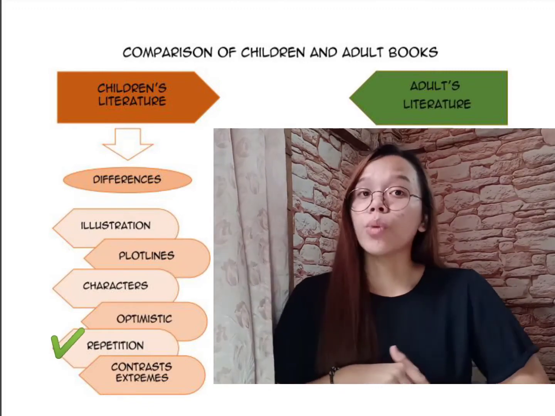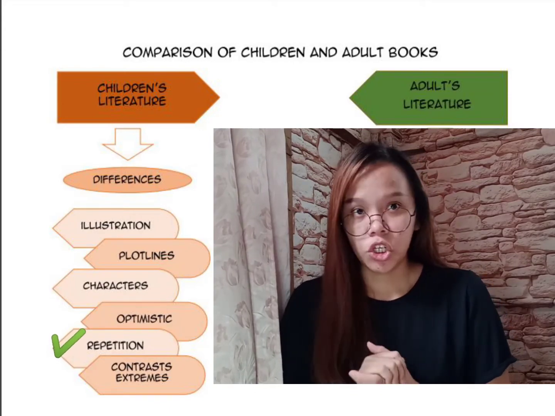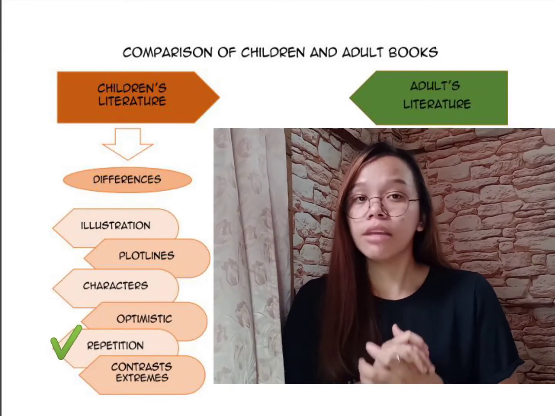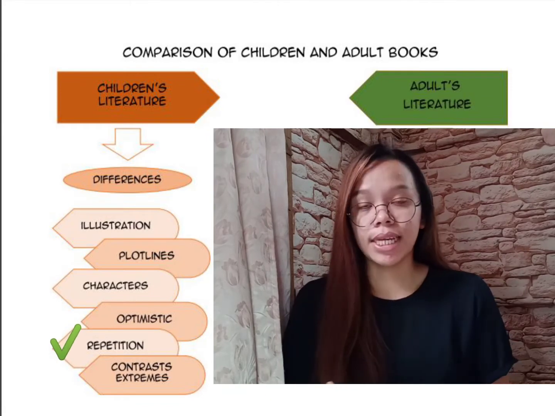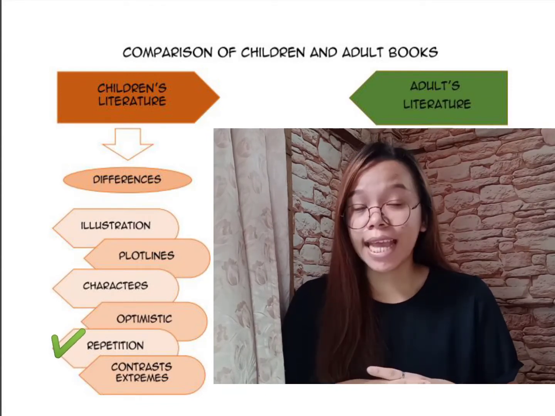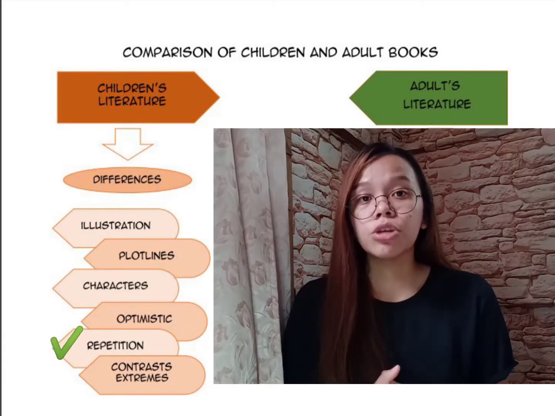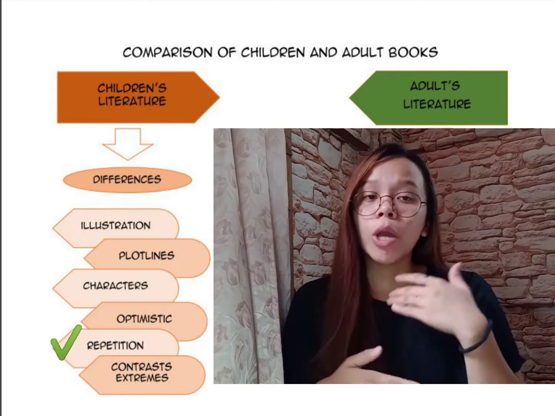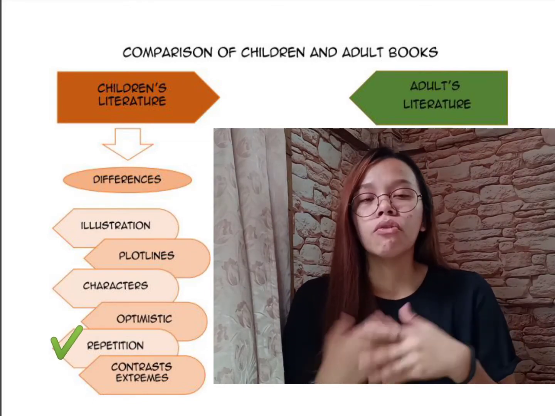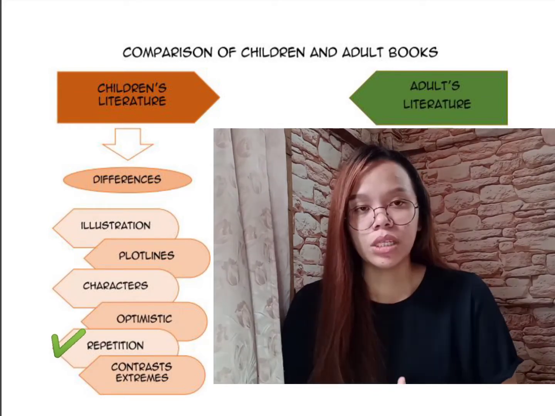Next is repetition. Children's literature includes repetition. Often, it emphasizes what is important. Repetition is a common element of traditional tales, folk tales, and fairy tales, as well as for literary purposes by repeating words, phrases, situations, and patterns.